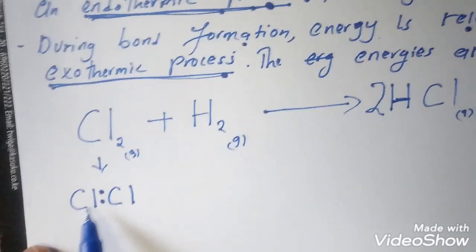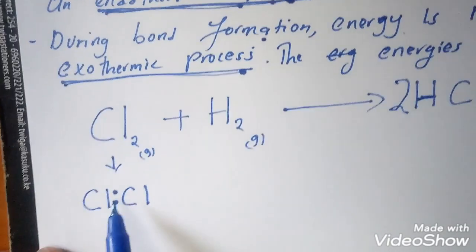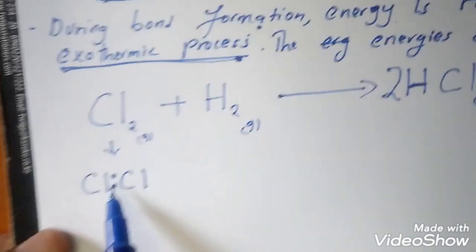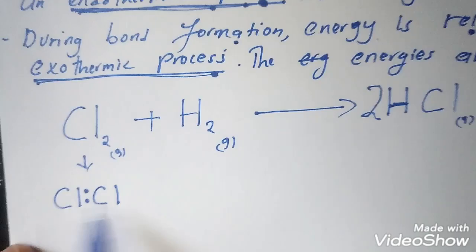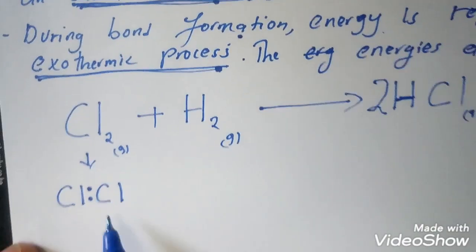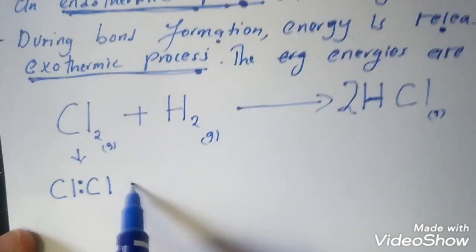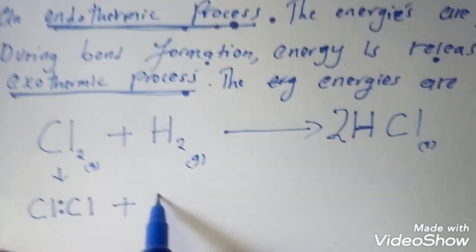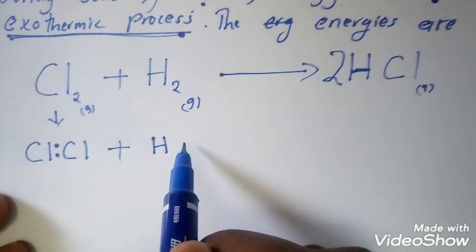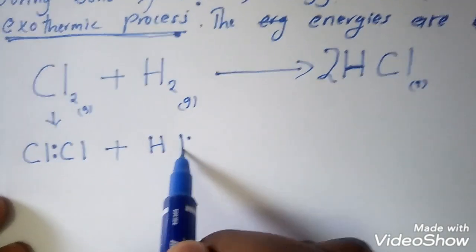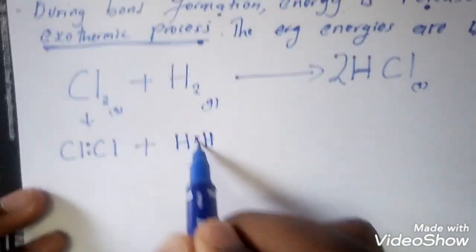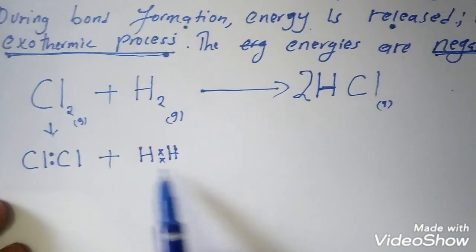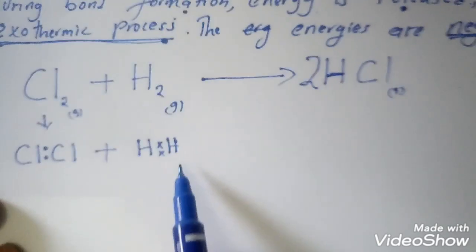So each shares its 7th electron to form a pair of electrons, so that now each of them has 8 electrons in the last energy level. That is what we call a covalent bond. The same thing with hydrogen. Hydrogen is also a diatomic molecule, shares electrons to form a hydrogen molecule.